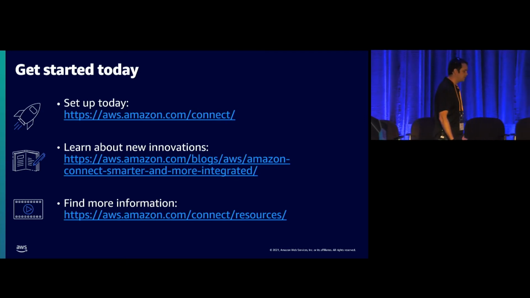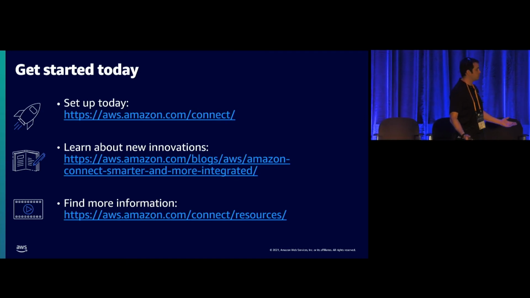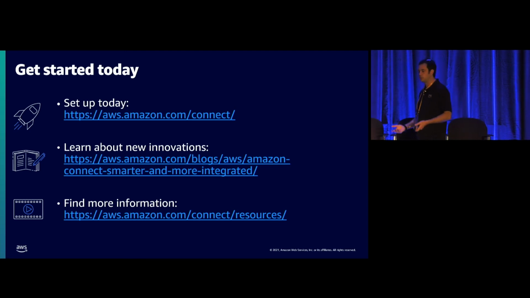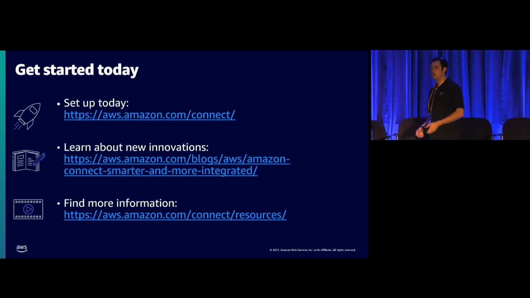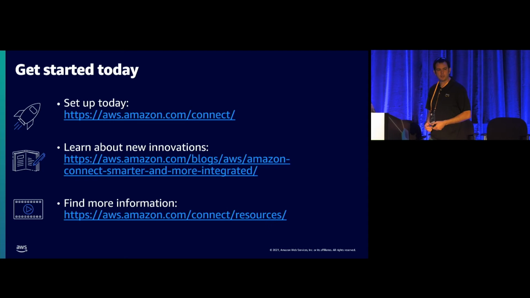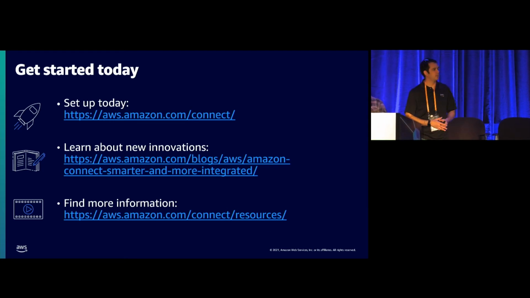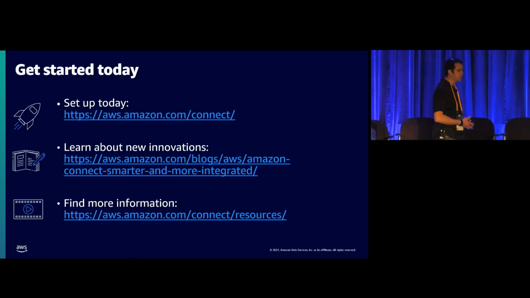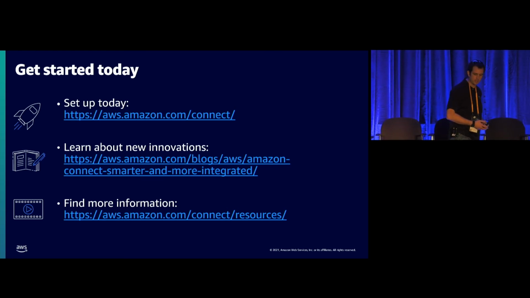So speaking of getting started, as far as resources, there are a ton out there for Amazon Connect. We have documentation that'll help you get started in deploying your contact center. We have a number of blog posts around contact center and Amazon Connect on any number of ways that you can innovate in your contact center.